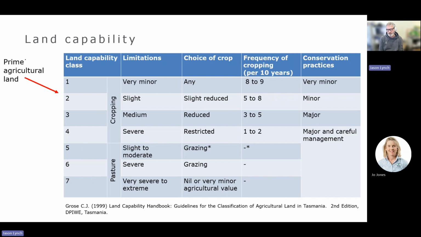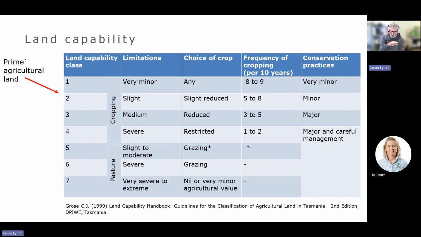In Class 1, you can pretty much grow any sort of crop, from root vegetable crops, potatoes, through to broadacre crops, cereals, canola, grass seed, etc. And you can see the frequency of cropping on Class 1 soil is high, 8 to 9 times per 10 years, and there are only very minor soil conservation practices.